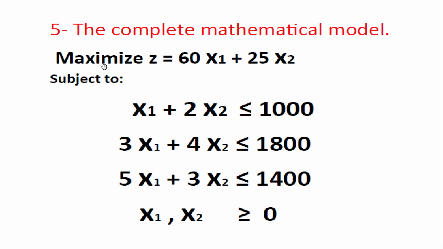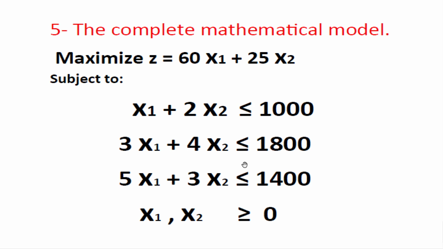In our example, the objective function was maximize z = 60x1 plus 25x2 subject to three constraints. The first constraint, x1 plus 2x2 less than or equal to 1000. Second constraint, 3x1 plus 4x2 less than or equal to 1800.